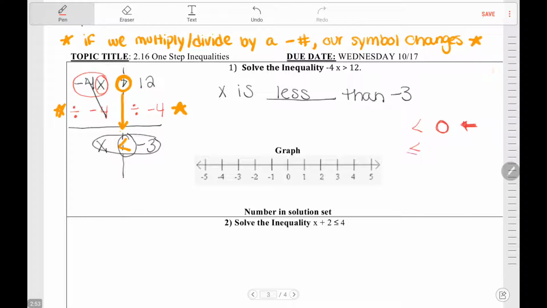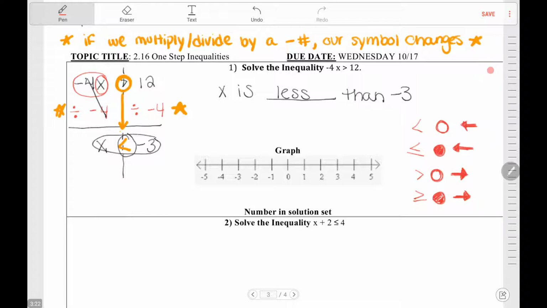If I'm less than or equal to, my circle is closed. But I'm still less, so I'm still going to shade left. If I'm greater, my circle is open, and I shade bigger, which is to the right. And greater than or equal to, I'm going to close the circle and still shade to the right.